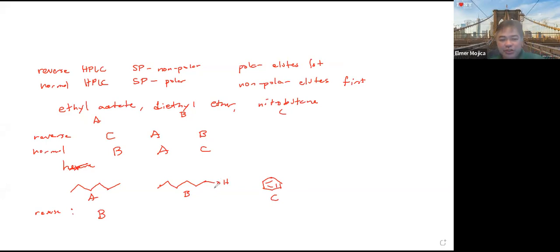So alin yung more polar between benzene and hexane? Is it A or C, the next one? Okay, so between the two, benzene daw eh.